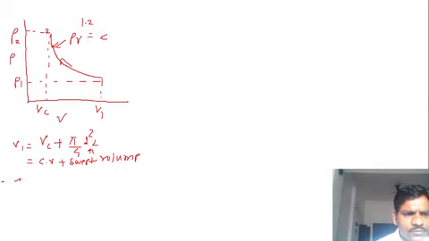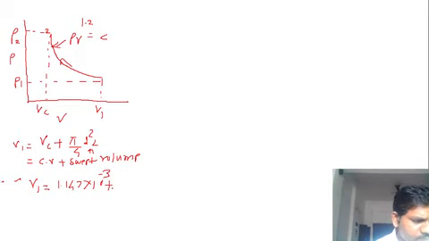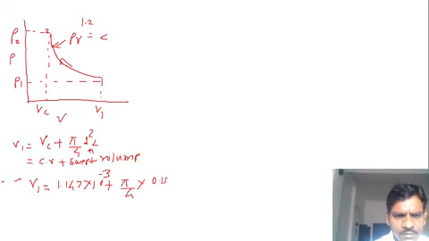So what is V1, guys? Put the values: clearance volume 1.147 into 10 to the power minus 3 plus swept volume, pi by 4 into D, where D is 0.15, bracket square, multiplied by L, where L is 0.2.